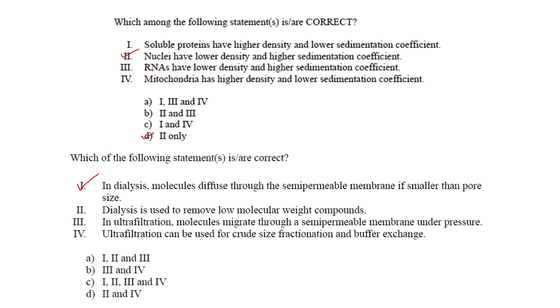That is correct. Dialysis is used to remove low molecular weight compounds. That is also correct. And in ultracentrifugation, molecules migrate through a semi-permeable membrane under pressure. That is also correct. Ultracentrifugation can be used for crude fractionation and buffering. No, that is not correct. So A is the correct option.